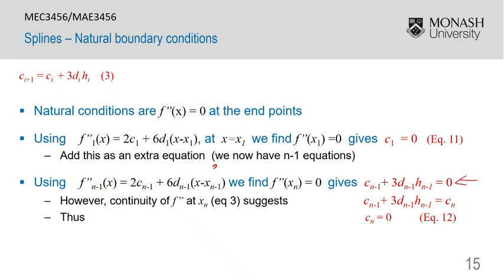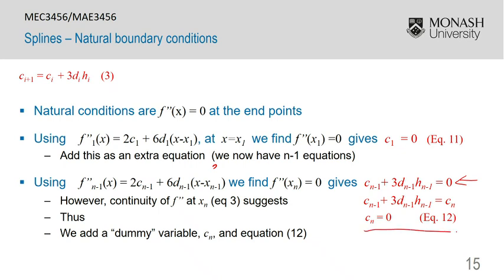Thus, Cn is equal to 0. So we've already added our dummy variable Cn into our system previously, but Cn equals 0 actually is the appropriate boundary condition for natural conditions on the spline.